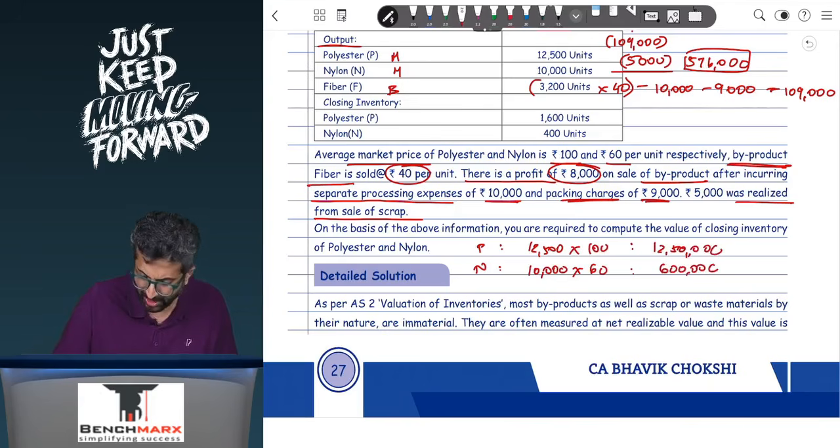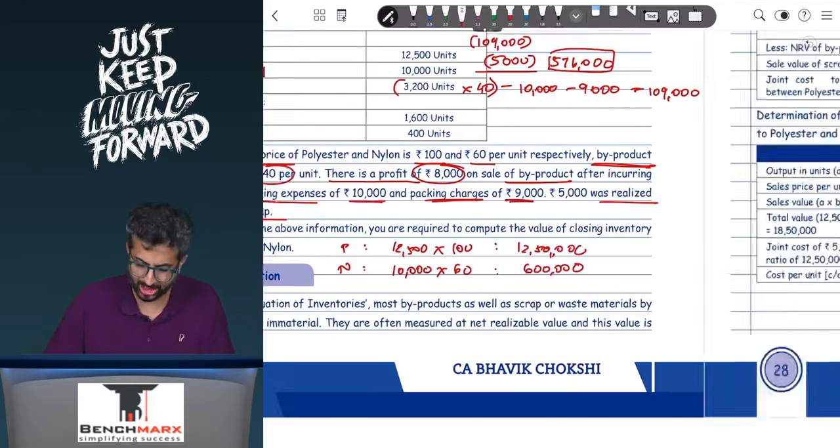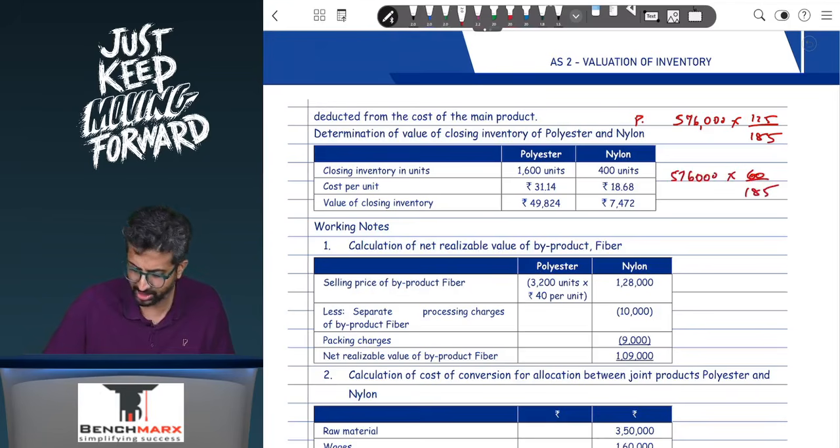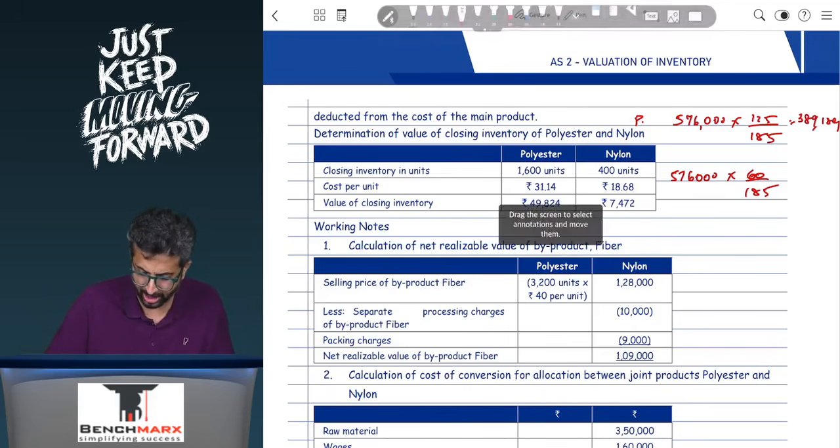So basically, if I want to find the net joint cost, I will allocate 5,76,000 in the ratio of 125 to 185 towards polyester and towards nylon 576 into 60 upon 185. So 576 into 125 divided by 185 comes to 3,89,189 allocation. Achha, this is for all the polyester.